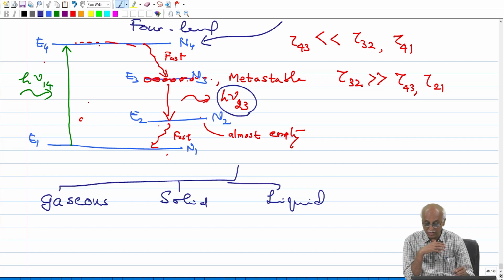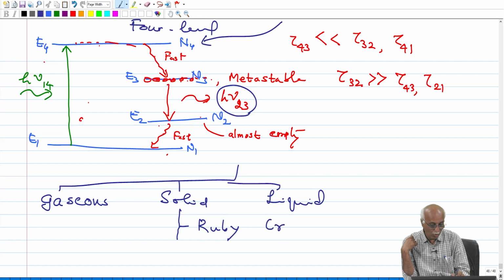If you consider a simpler example, the first laser, which was demonstrated in 1960, was a ruby laser, a solid state material, wherein chromium was doped in sapphire, ruby material. This ruby laser is a 3 level energy system.